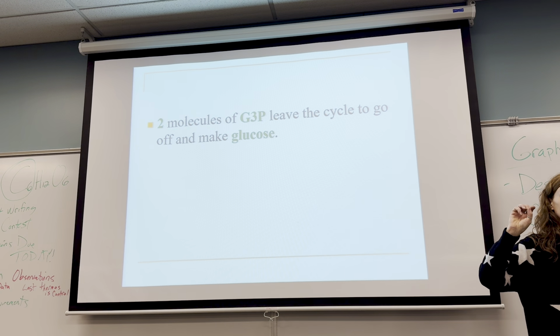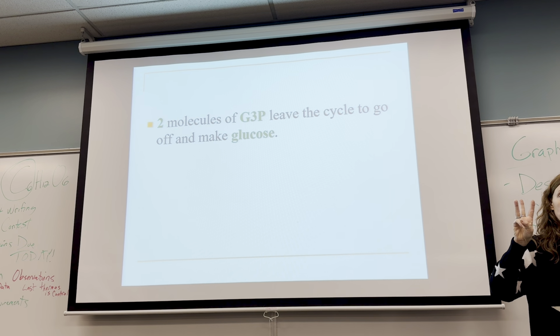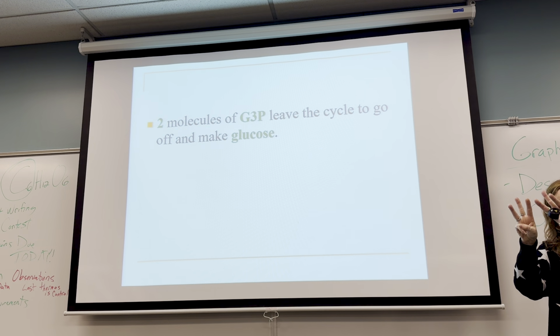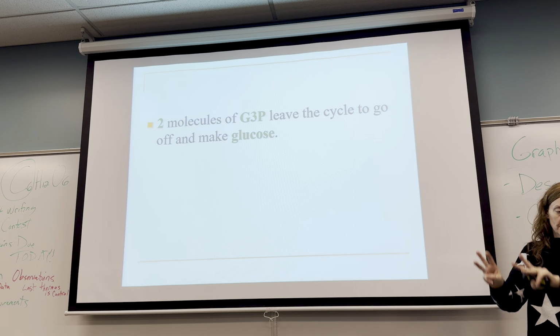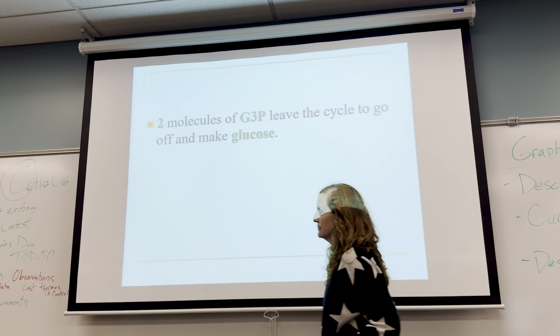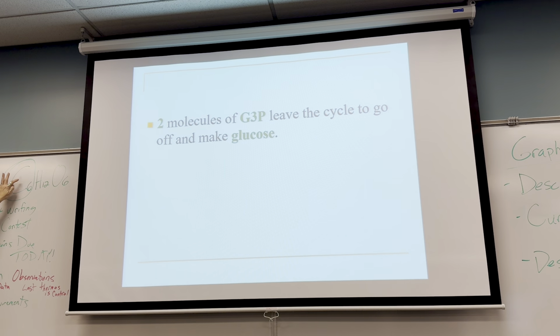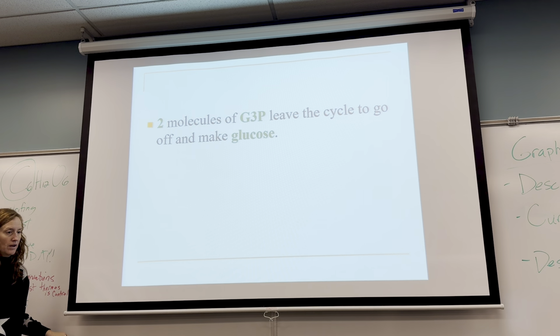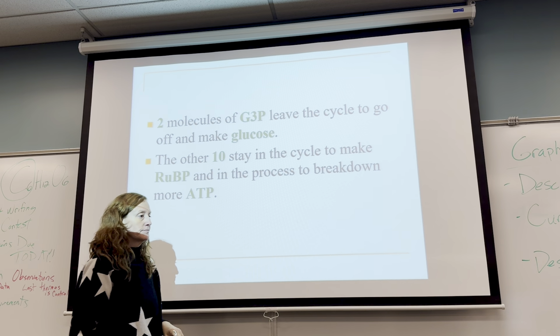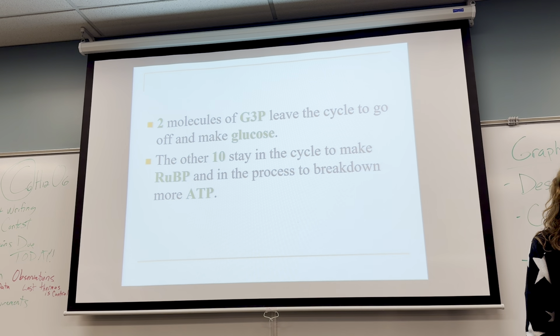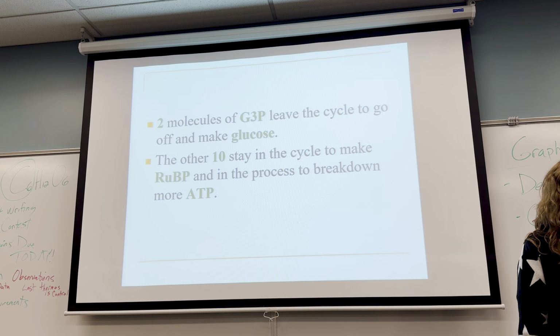G3P, each of them has 3 carbons. 3 plus 3 is 6. The other 10, like I said, stay in the system to regenerate RuBP.